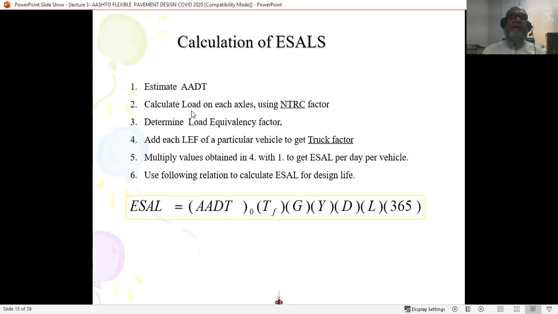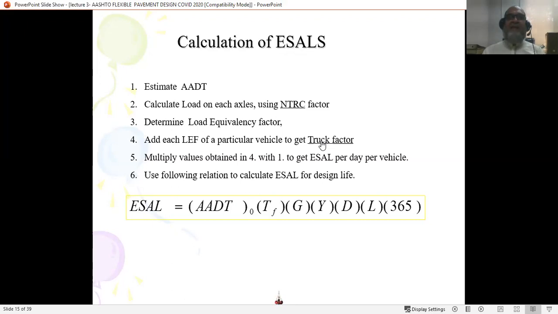Then we calculate the load on each axle using the NTRC factors, that is 11%, 33% and 54% on each type of axle. We determine the load equivalence factor that we have done previously in the slide. Then for each truck, we add the LEFs to get a truck factor.